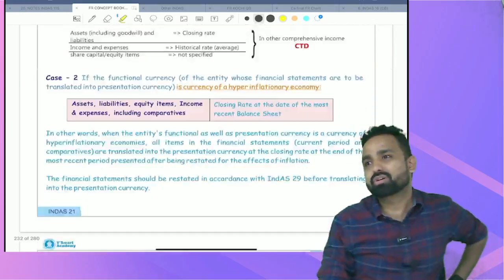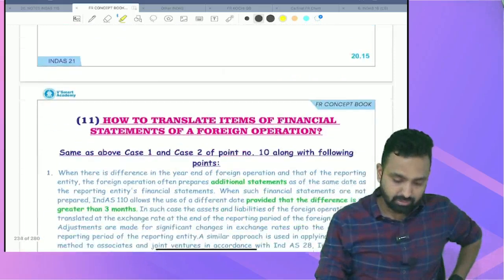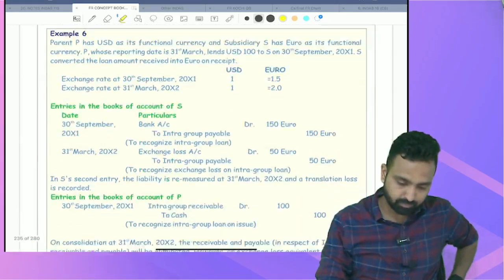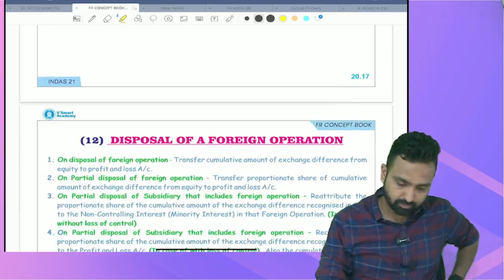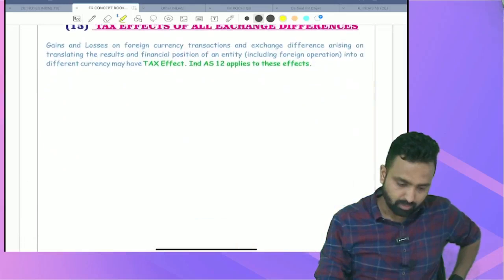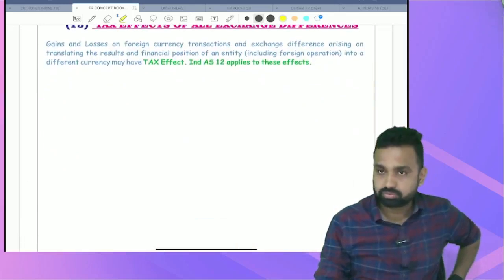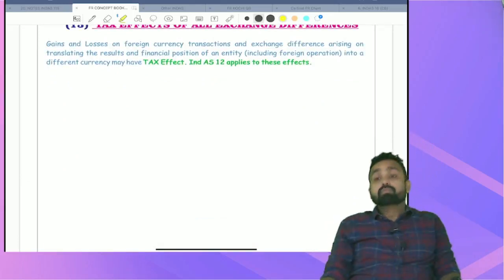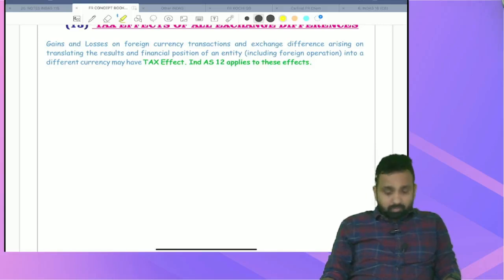Guys, have you understood or not? So non-reclassifiable: investment, equity OCI, and then what is there in OCI non-reclassifiable?